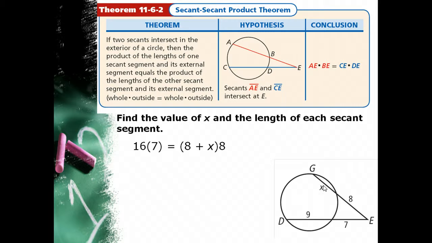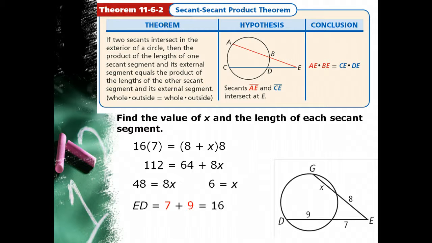We don't know what X is, so we say X plus 8 times 8. And then we solve for X, and X equals 6. And to find the length of each secant, we simply add up the pieces. So ED would be 16, and EG would be 14.